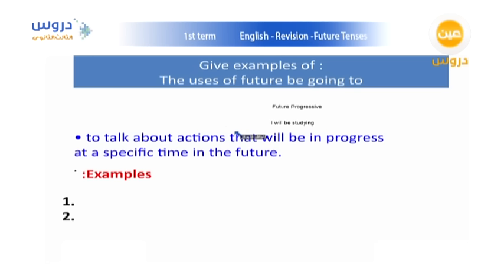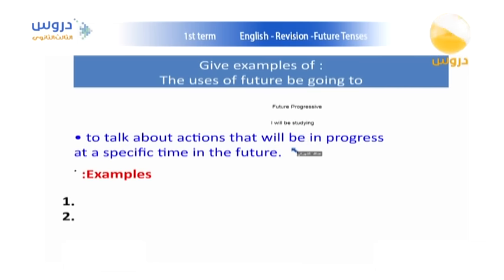The structure is the subject, then the auxiliary will, then the auxiliary be, then the main verb in the present participle, which means the verb plus ing. So this is the structure of the future continuous tense.